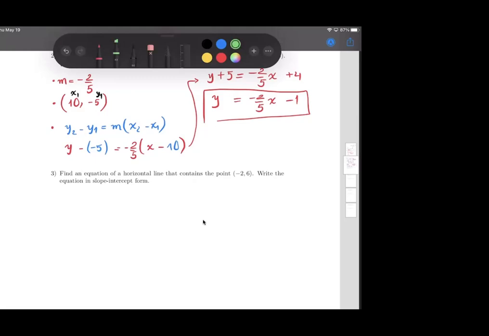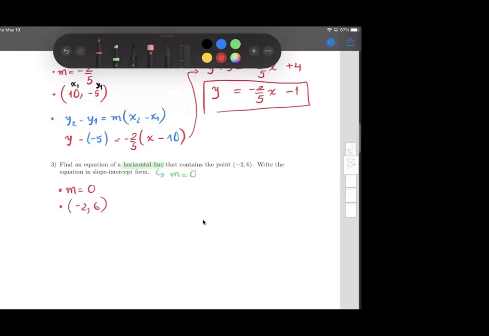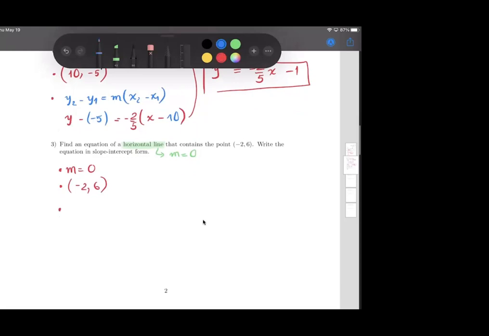So this implies m equals 0, and we have a point, which is -2, 6. And then we use the formula.